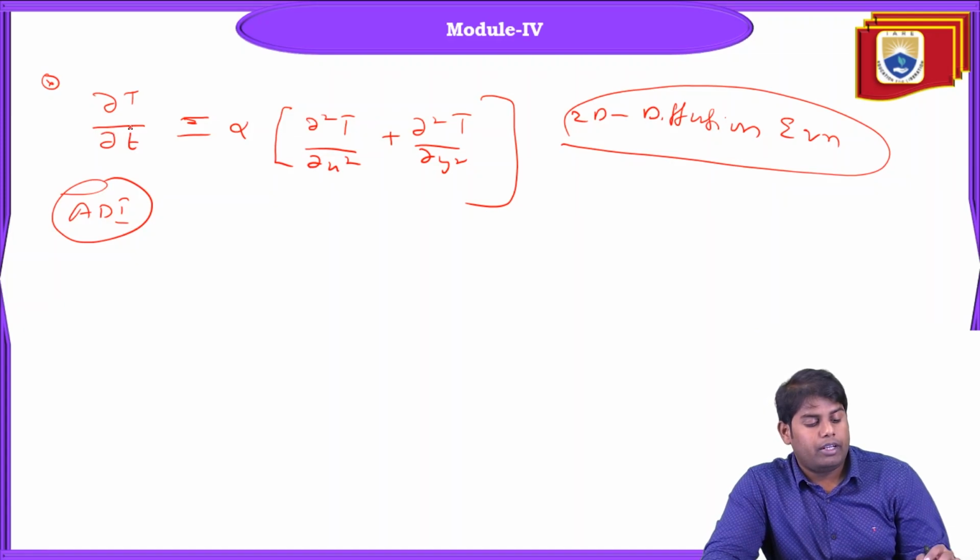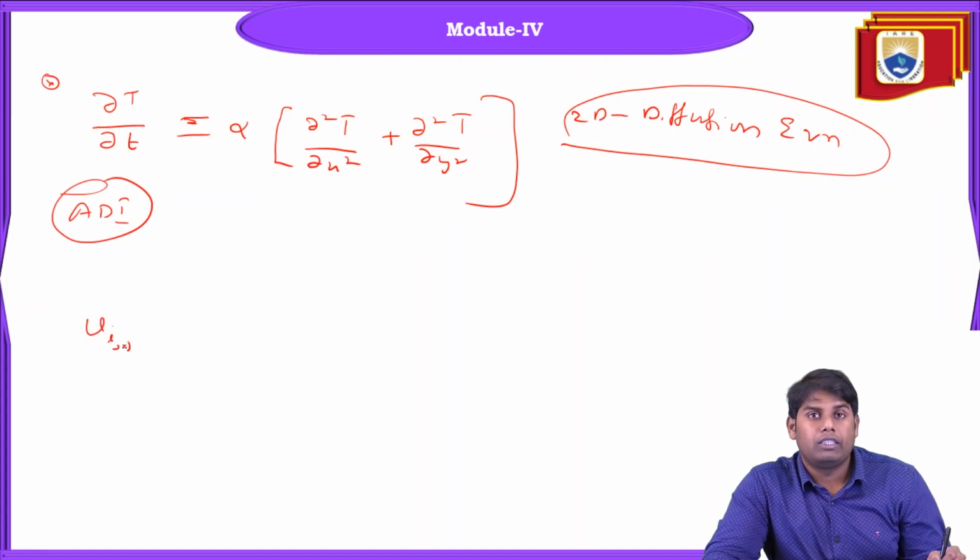So ultimately, every time, the time derivative term will be the same, which is u of i comma j to the power of n plus 1 minus u of i comma j to the power of n, divided by delta t.